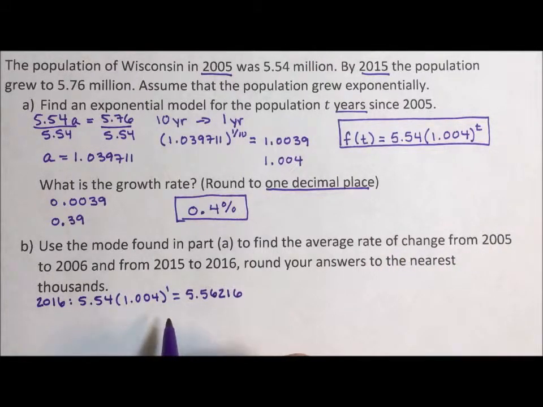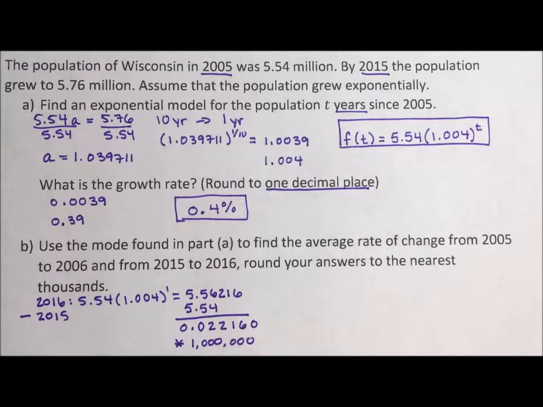And if we want to know the rate of change, this means we just literally want to know the difference. So we want to subtract 2005. 2005 was 5.54. And if we subtract these two and then multiply by 1,000,000, because we want a raw number, we get 0.022160, and then we multiply by 1,000,000.